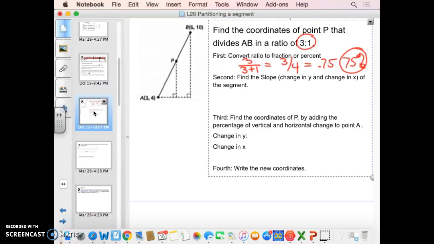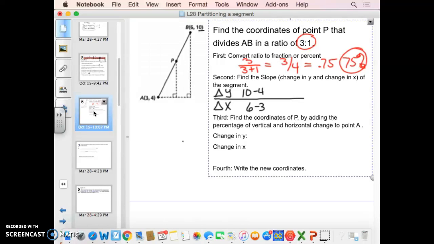Step 2 says find the slope of the segment. So for step 2, I'm going to find the change in y. This delta symbol means quote-unquote change in. And then we're going to do change in x. My change in y, I just look at my coordinate points: 10 minus 4. And my x change is 6 minus 3.